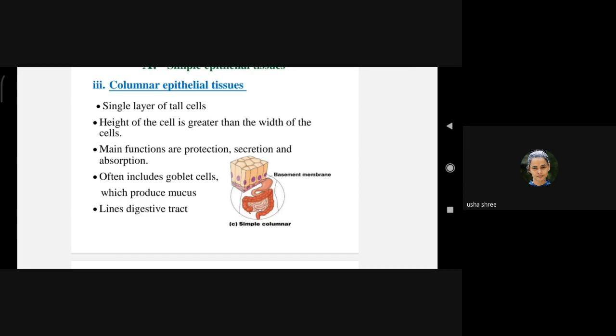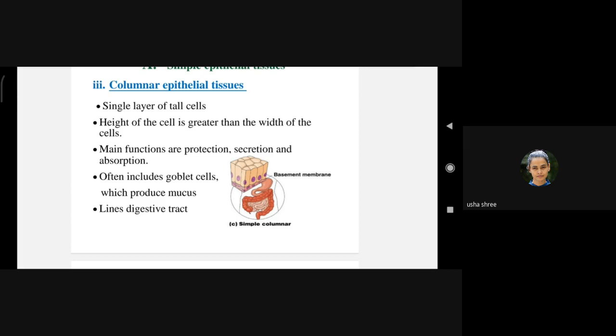No, I don't think this is very supportive. Why are they in the shape of a goblet then? Yeah, please repeat. You said these are the goblet cells, right, which produce mucus?